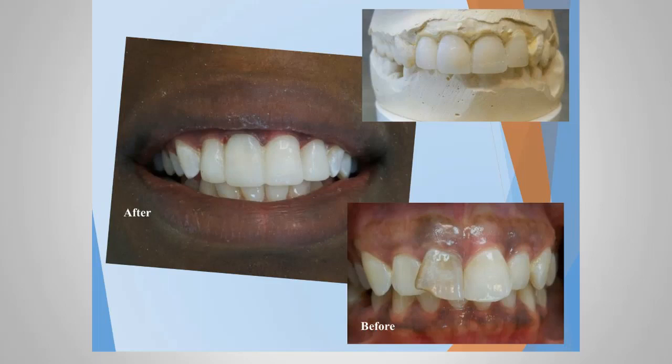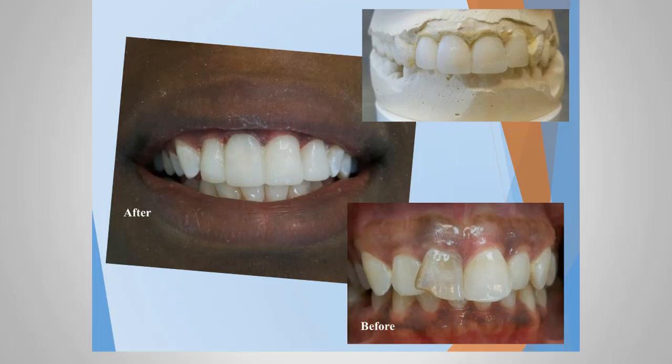Here we are. This is the diagnostic wax-up. This is how we started before, and this is the after. These temporaries, as you can see, don't look like the diagnostic wax-up. The patient didn't really like the diagnostic wax-up.